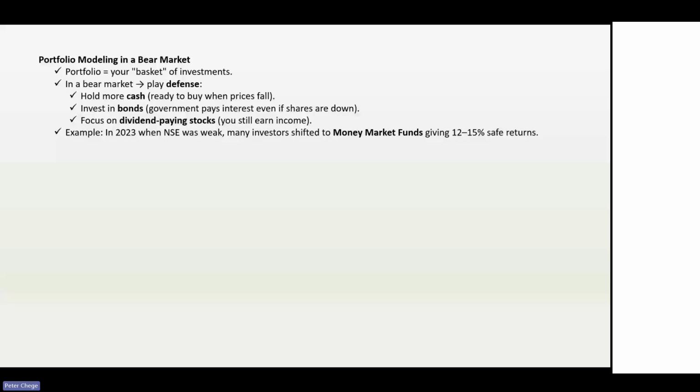We have Kapchorwa, we have, is it Williamson Tea, we have Sasini. Banks, unless another policy comes in, banks will always be making money. Even if they report a loss, that's just their papers. Just go in and ask them, they are making profits. So focus on those dividend paying stocks.